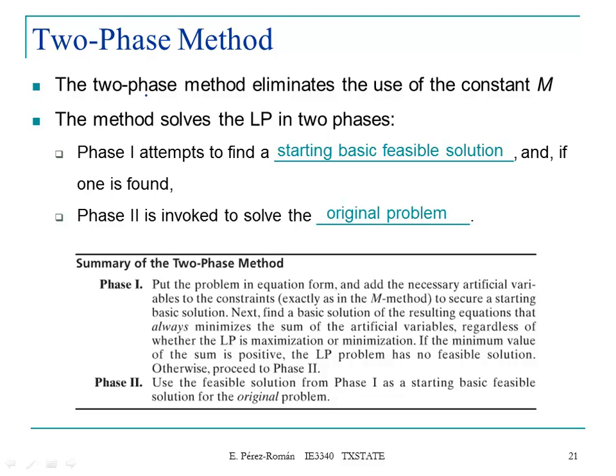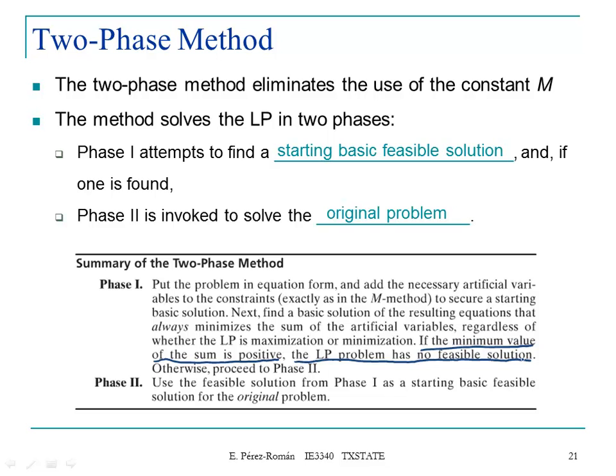So this is very important. If you solve phase 1 of the problem, and the minimum value of the sum is positive, the LP problem has no feasible solution.